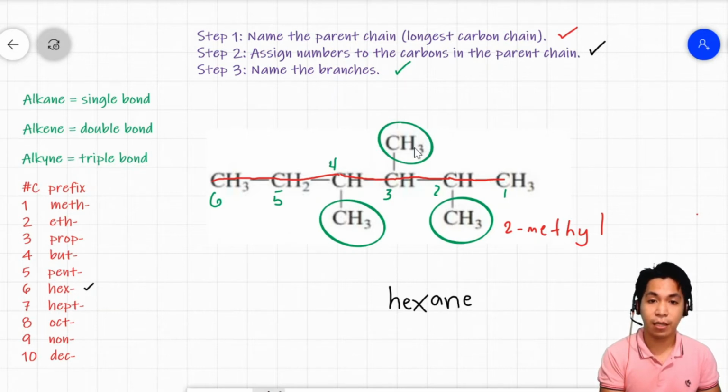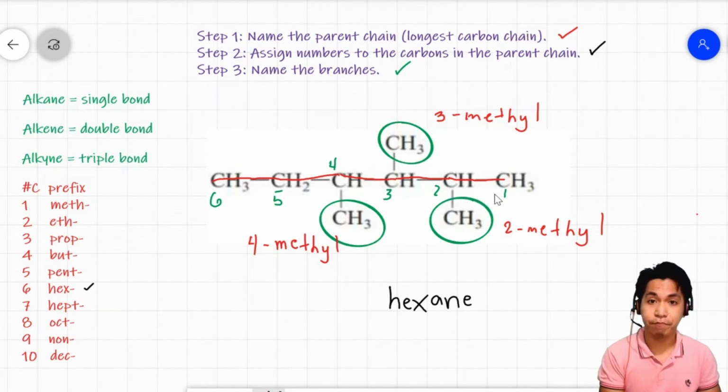The next one, which is attached to carbon number 3 of the parent chain, is named 3-methyl. And the last one is attached to the fourth carbon atom, hence the name 4-methyl.